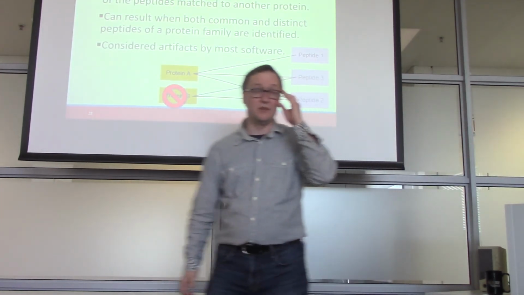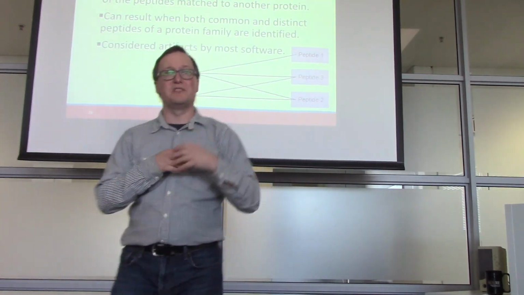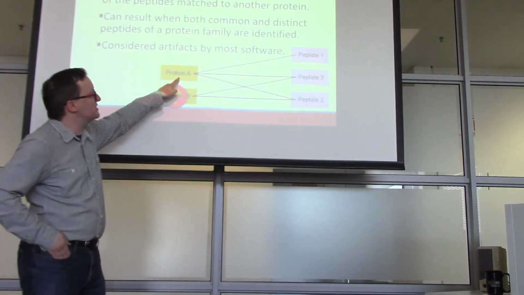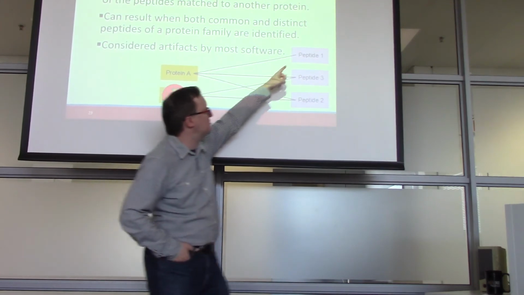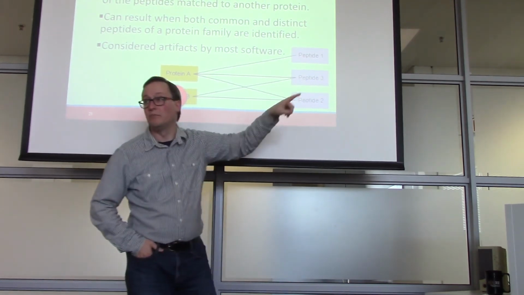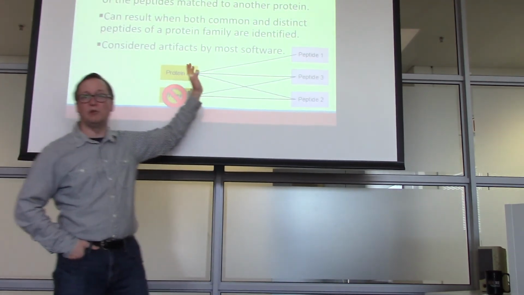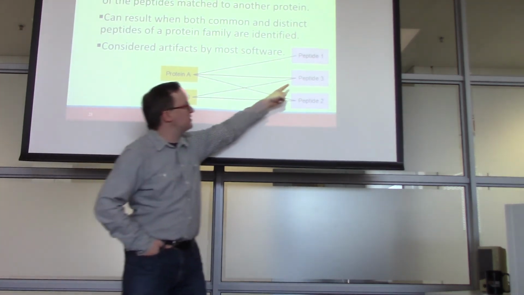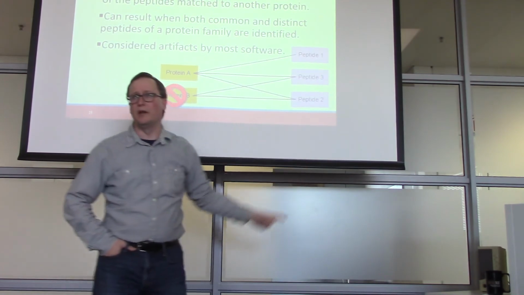But sometimes we use this parsimony rule to rule out some of these. So imagine a scenario where protein A links to peptides 1, 2, and 3. So simply invoking protein A will explain all of that evidence. But look, protein B also maps to peptides 2 and 3.